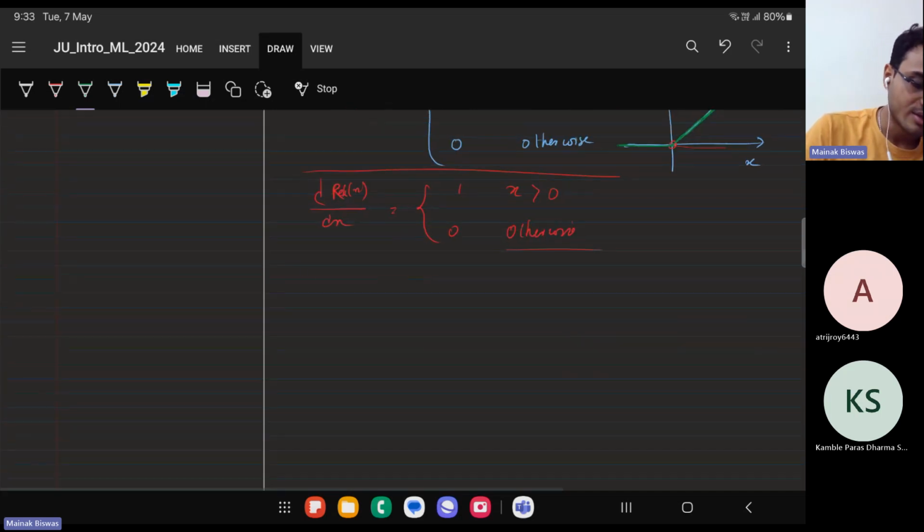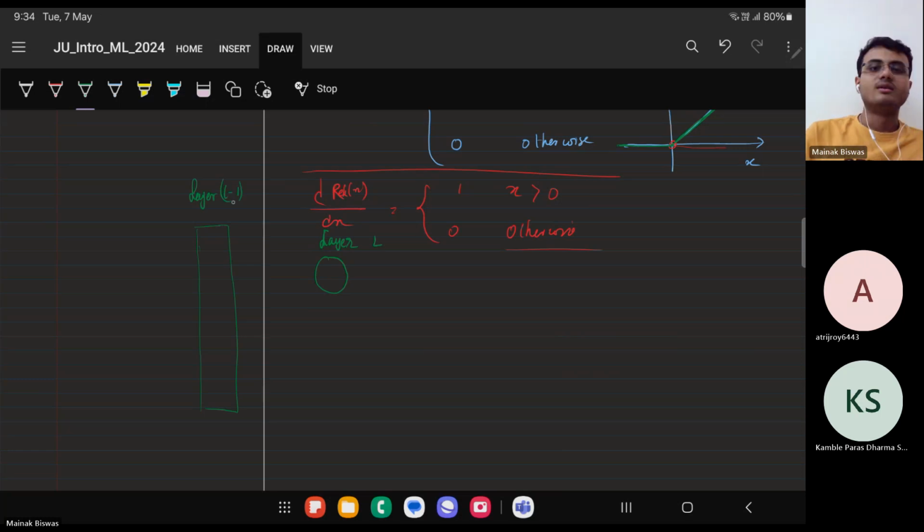First, let us define one neuron or a layer of neurons. Let us define a layer of neurons, say layer L. So layer L will have output from which layer? Right.